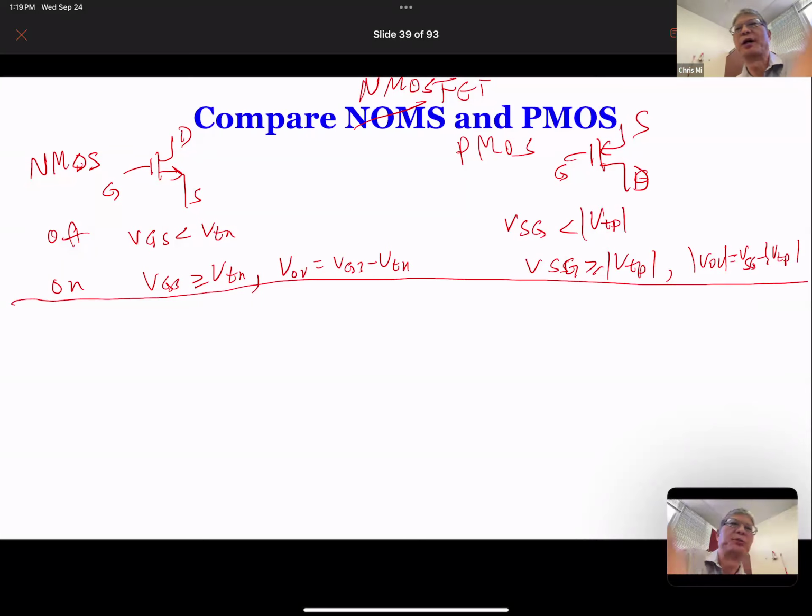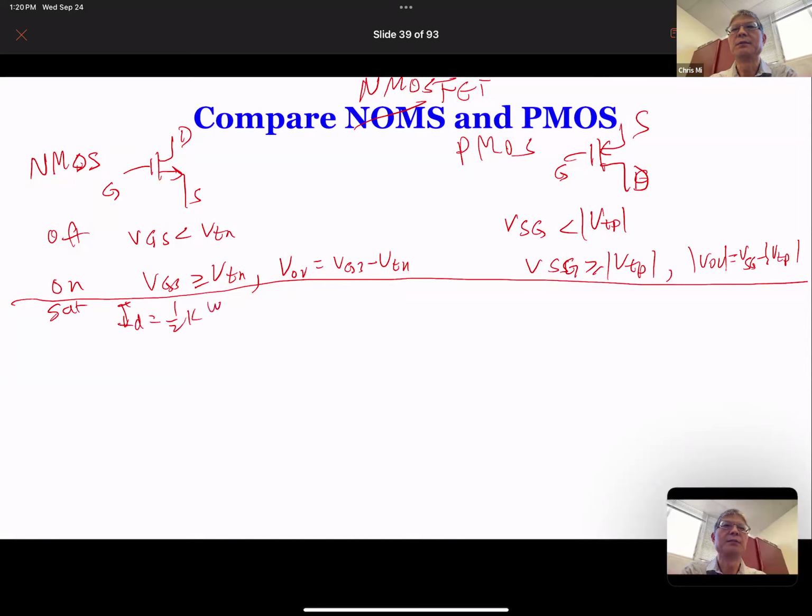and then the triode and saturation regions. So if VSG is large, then this is in the saturation region, and the current can be written as ID equal to 1/2 Kn W over L VOV squared, and ID for the PMOS is also going to be 1/2 Kp prime W over L VOV squared.